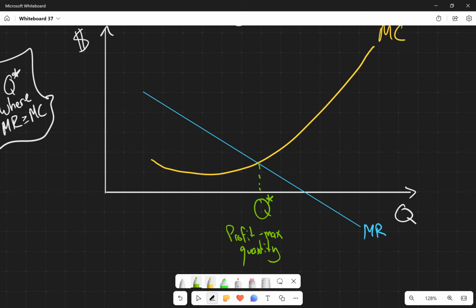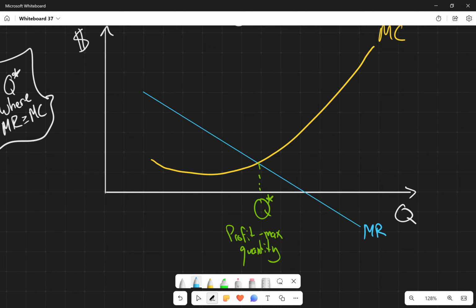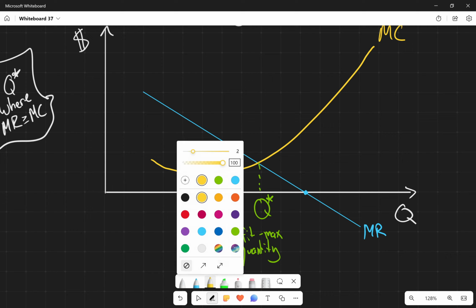The second thing that it tells us has to do with this point right here. So this point right here equates to the maximum revenue that a monopoly firm can charge. And since this is a marginal revenue graph, it's essentially telling me the derivative of my total revenue.